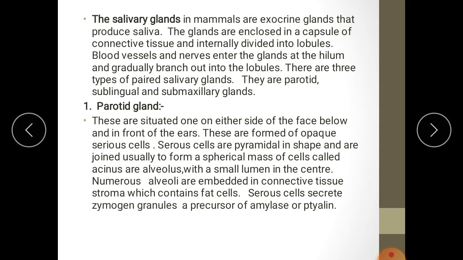Spherical mass of cells with a small lumen in the center. Numerous alveoli are embedded in connective tissue stroma, which contains fat cells. Serous cells secrete zymogen granules, a precursor of amylase or ptyalin. Salivary amylase is produced from its precursor called zymogen granules.